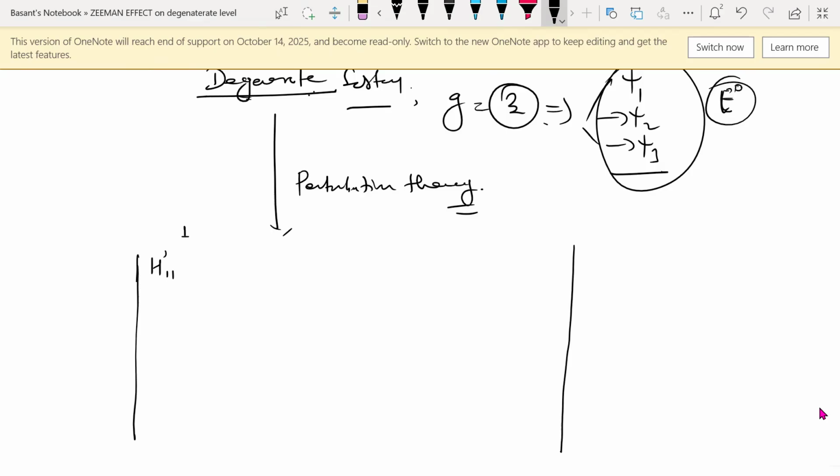You can write 1, 2, 3 for the three wave functions, which is easy to write.